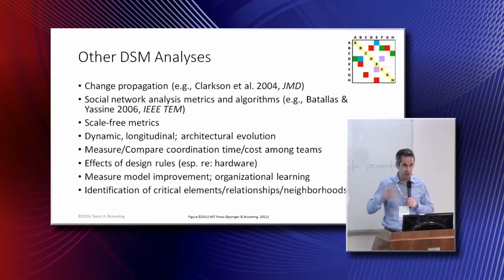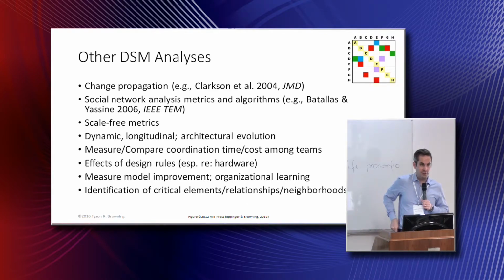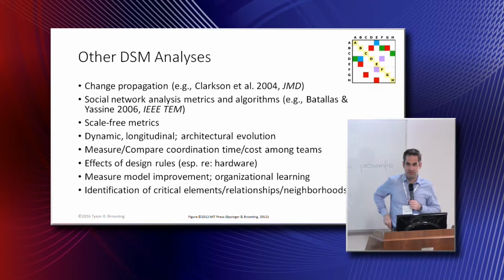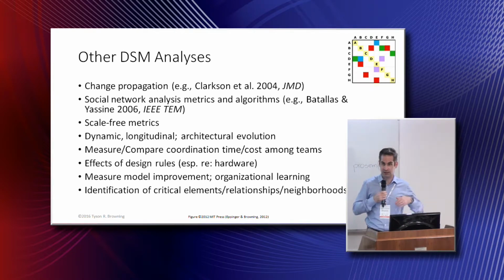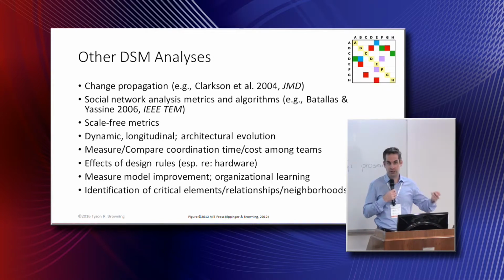How do we measure model improvement? Can we measure how good our model is? Does it give us 50% accuracy, 80%, 90%, 95%? What confidence level does it give us? And then if we start adding more information to the model, making it richer, making it more accurate, how much better does the model get?